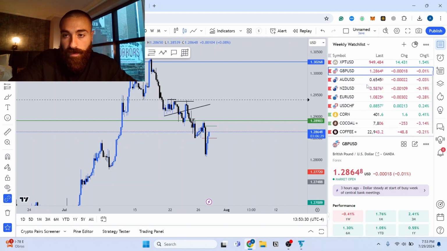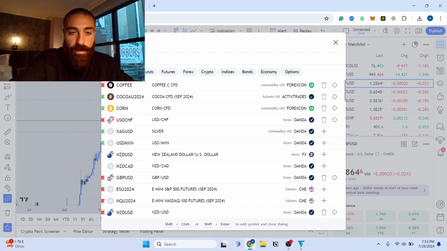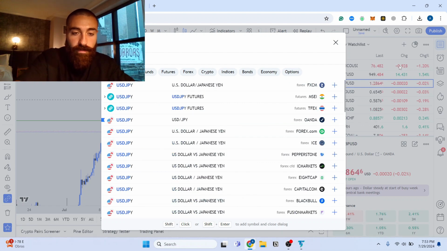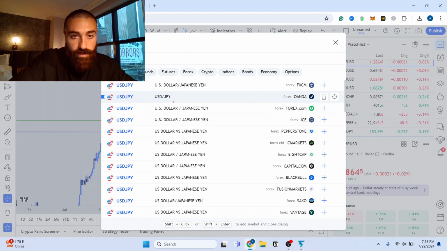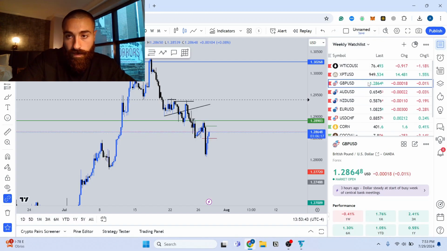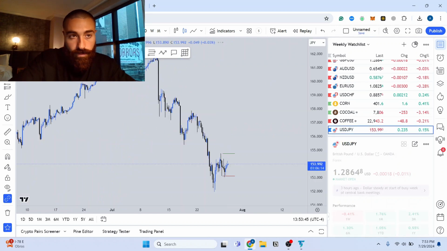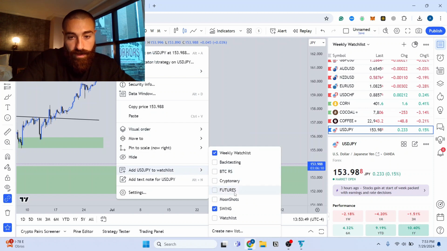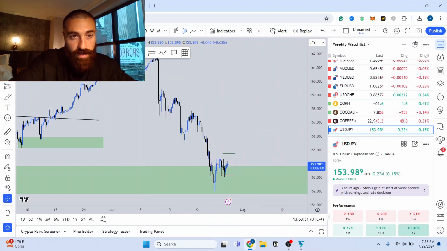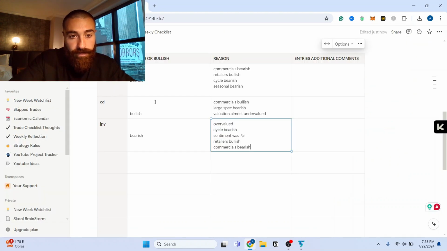Also JPY, let's add USD/JPY. And what I usually do is put it here. I think it's added already. I usually add it to the weekly watch list. And what am I?